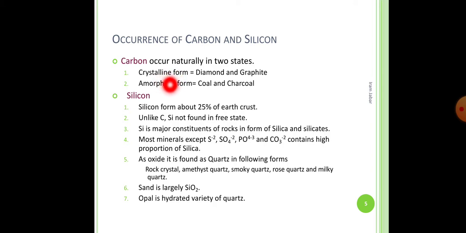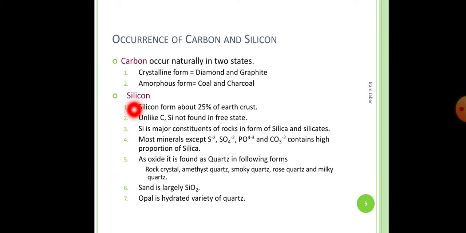In crystalline form, carbon exists in form of diamond and graphite. In amorphous form, there is a disorderliness in the arrangement of atoms. When carbon is arranged in a disordered way, then it can be seen in form of coal and charcoal.